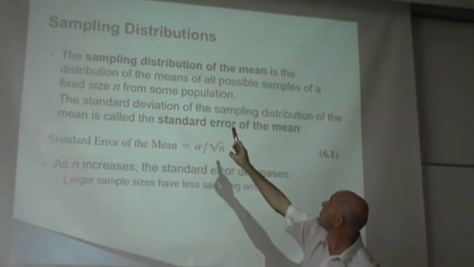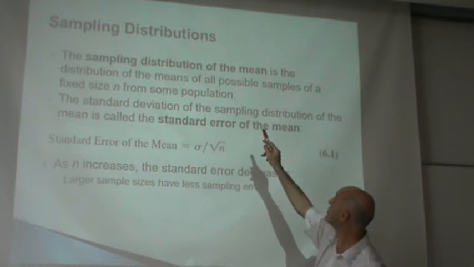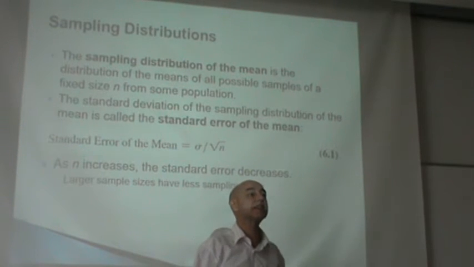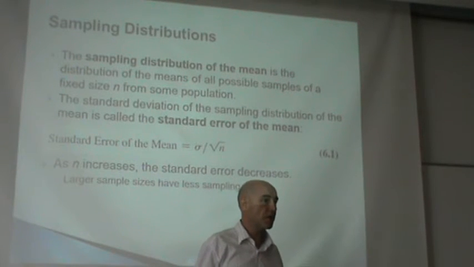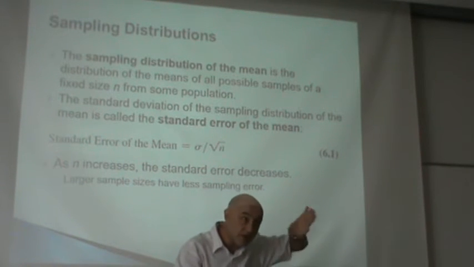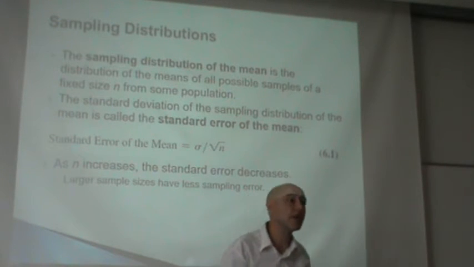We say that the sampling distribution of the mean is the distribution of the means of all possible samples. So you take a sample of 30, you run 1,000 samples, each time you calculate, and you get some kind of a usually bell-shaped distribution.